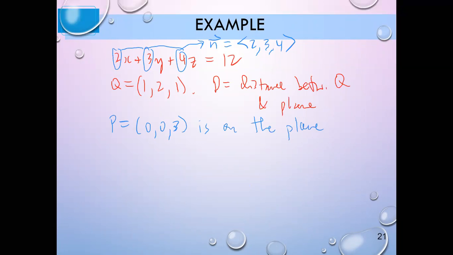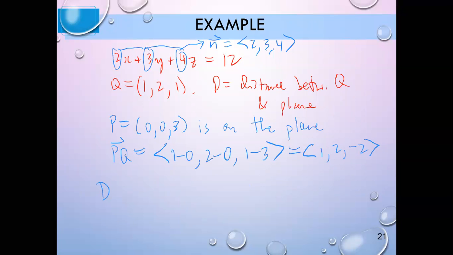Okay, that's cool. So then I have to form the vector PQ, which is, remember, terminal point minus initial point. 1 minus 0, 2 minus 0, and 1 minus 3. So I get (1, 2, -2).